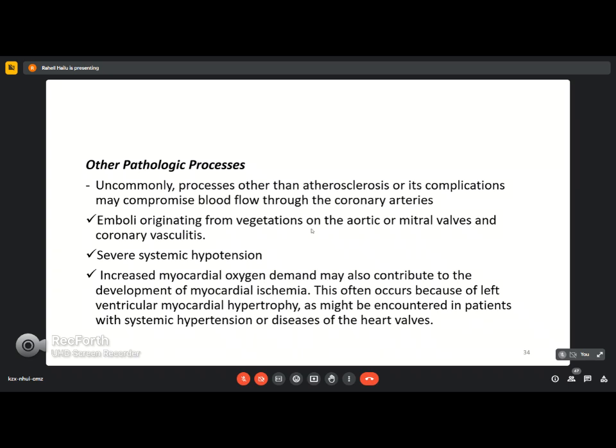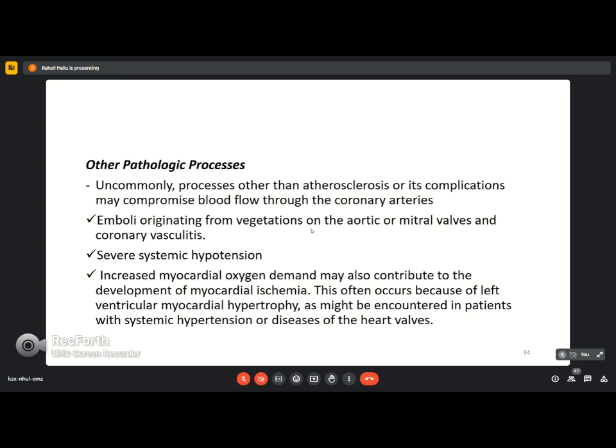And then you have severe systemic hypotension, hypotension with shock, mainly as a result of cardiogenic shock, then blood cannot reach the heart muscles, so that leads to ischemic heart disease.